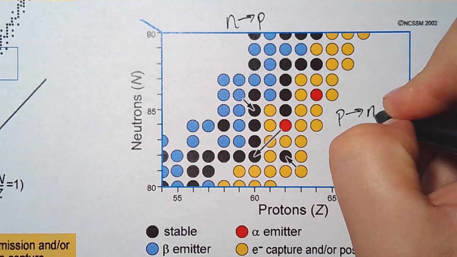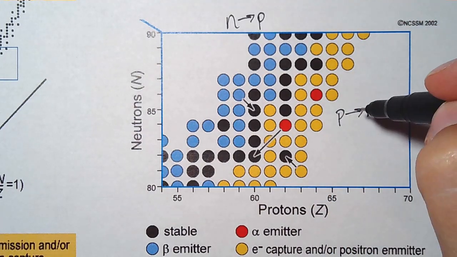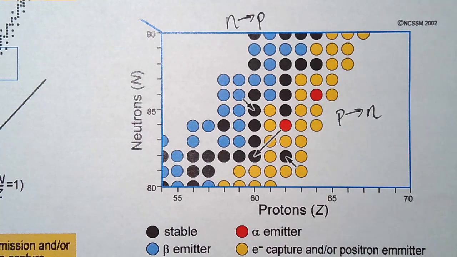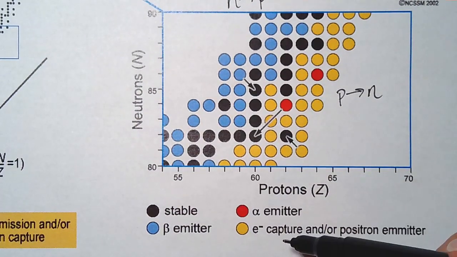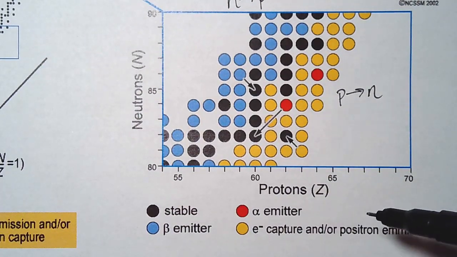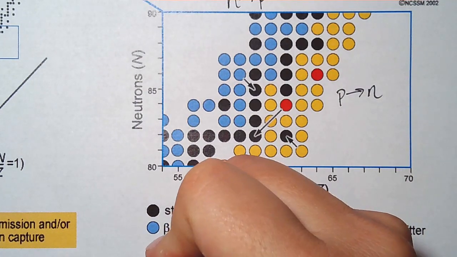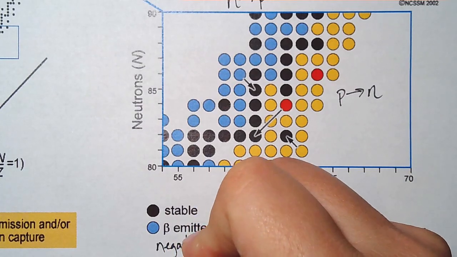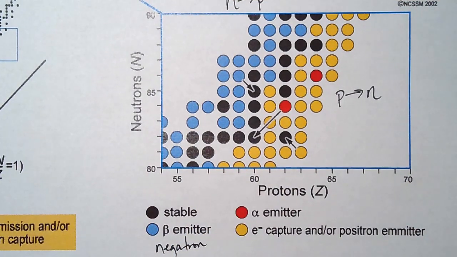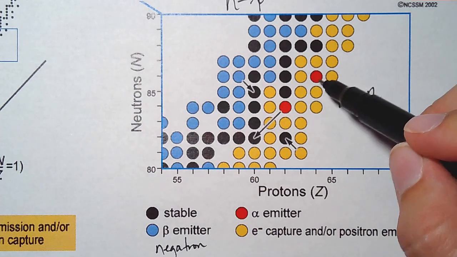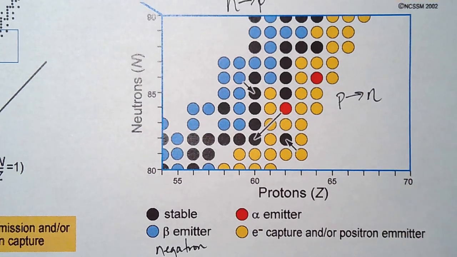So these are also beta emitters, but they're going to be electron capture or positron emitters instead of negatron. And occasionally you'll have an alpha emitter in here as well. Okay, overall change in mass for those.